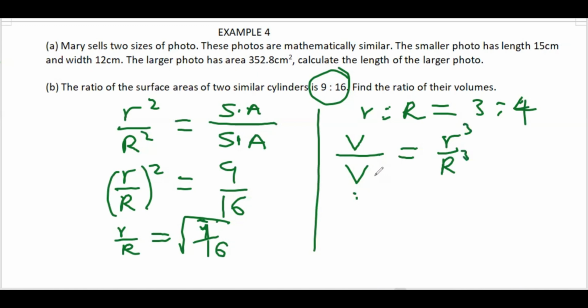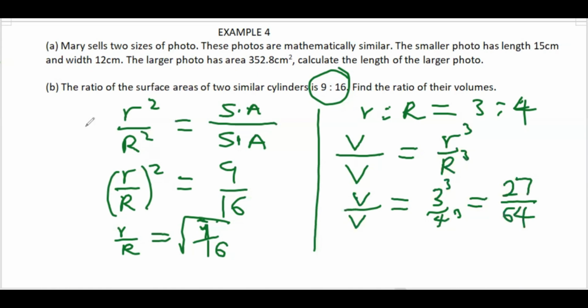So the ratio of their volumes becomes 3/4 cubed, which gives us 3 cubed, 3 times 3 times 3, which is 27, ratio 4 cubed, 4 times 4 times 4, that is 64.